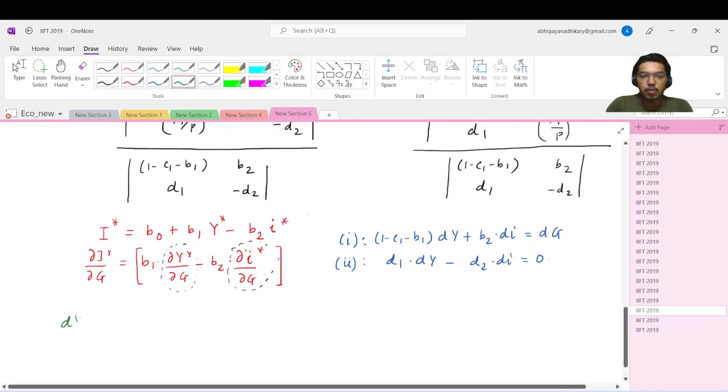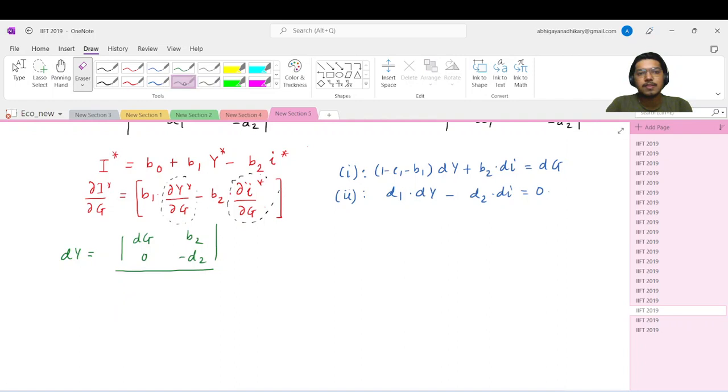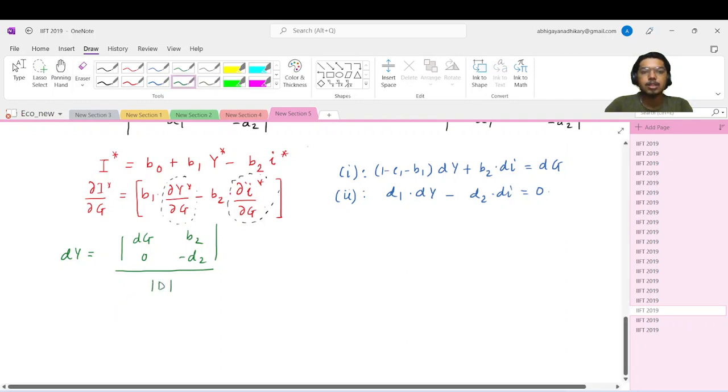What will dy be? It will be dg, 0, b2, minus d2, divided by the coefficient determinant, which, since we'll use it very often, let me just write in short as determinant D. So that will be minus d2 times dg divided by determinant D.